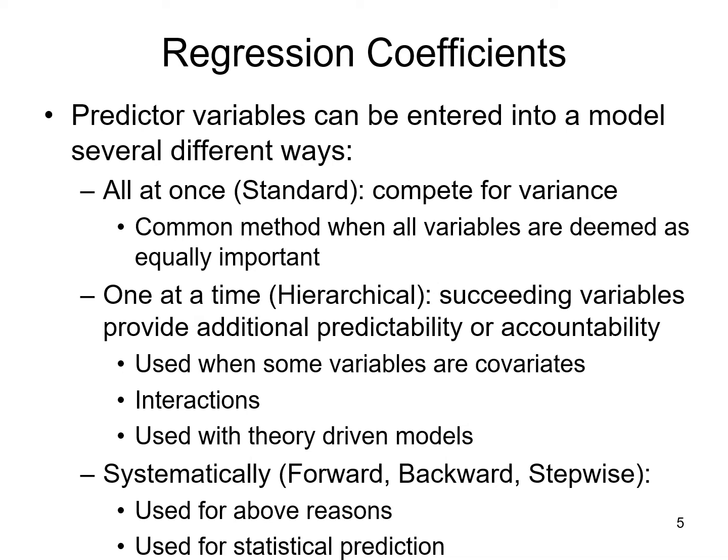Now, let's say that you're not concerned with gender. In fact, you don't want to account for gender. Gender is a covariate. So now I've got a predictor, college GPA. I've got a predictor, your GRE score. I've got an interaction, GRE score by college GPA. And I've got a covariate, gender. I might actually put gender in first. And I'm telling SPSS, I want you to figure out what part of variance of the outcome of graduate GPA is gender.